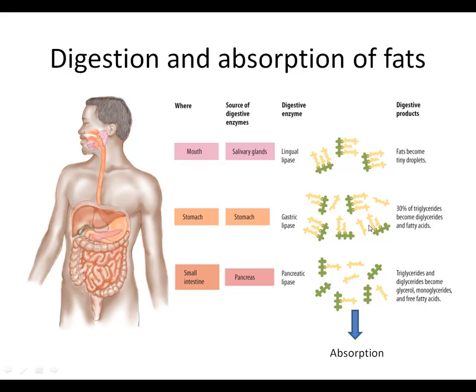They're mainly there to enhance the amount of fat that you can absorb, but we could do without them. They don't do that much for us. The bulk of the digestion takes place in the small intestine. And here it is that the lipases break off the fatty acids from the glycerol to form glycerol, monoglycerides, and free fatty acids. And those are the forms that can be absorbed.